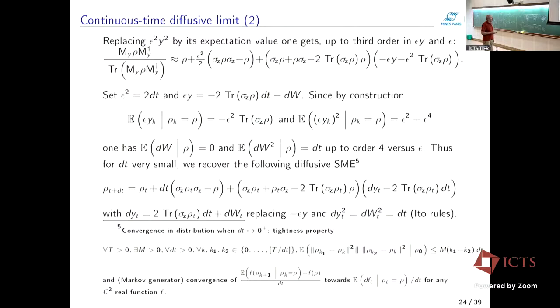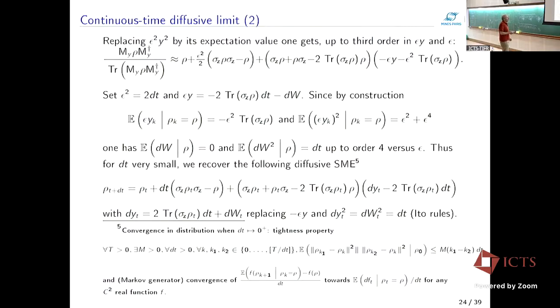It's not very precise, this. You can make this convergence precise if you want. What is important is that epsilon 2 is proportional to dt in this case. If epsilon 2 is 2 dt, you obtain this thing.